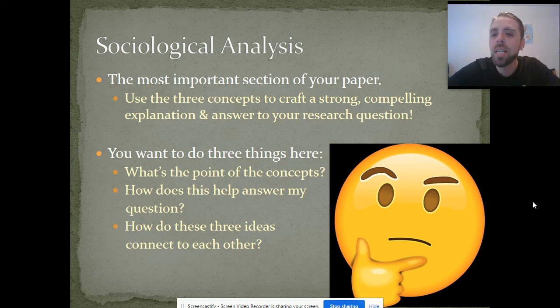Now, how should you be organizing them? Well, in your lit review, I asked you to organize most important to least important. Do the same thing here. And I would signpost a little bit. I would put subheadings. You should have one big heading for sociological analysis, and then a subheading for concept one, segregation, concept two, labor markets, right? Concept three, population decline.